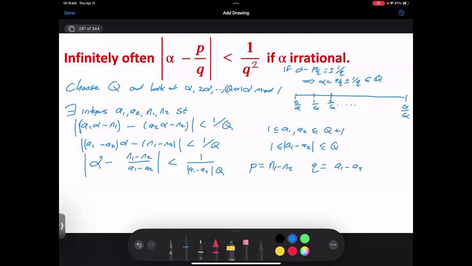And without loss of generality, I can assume a1 is greater than a2. Let's just choose them in that order. So now I get alpha minus P over Q is less than 1 over little q big Q. But which is larger, big Q or little q?